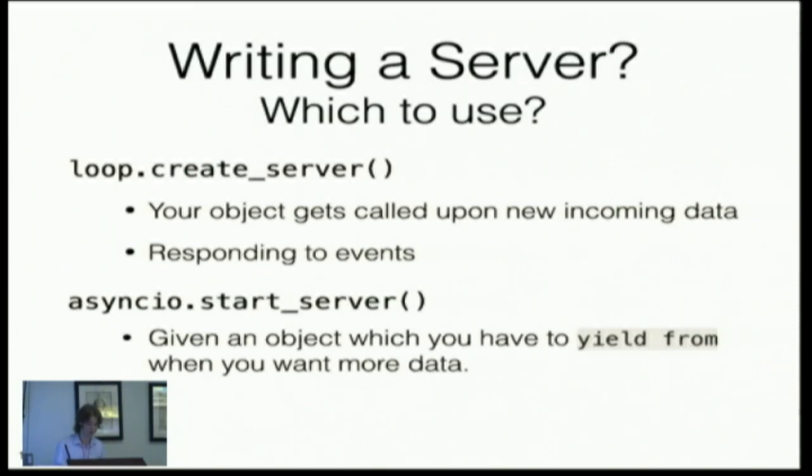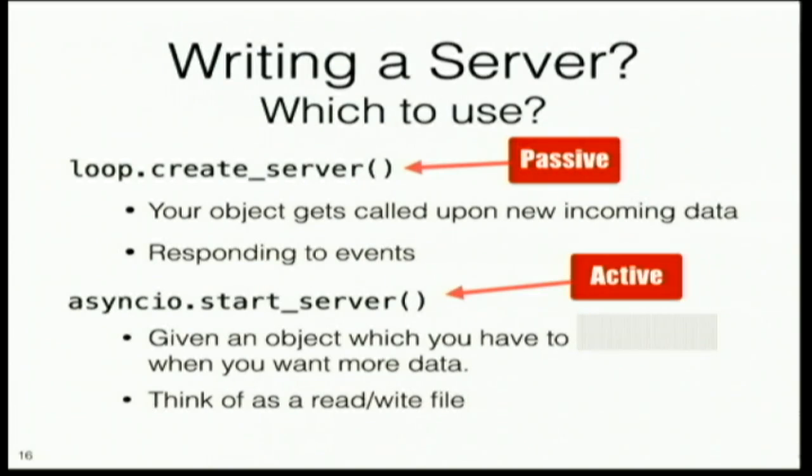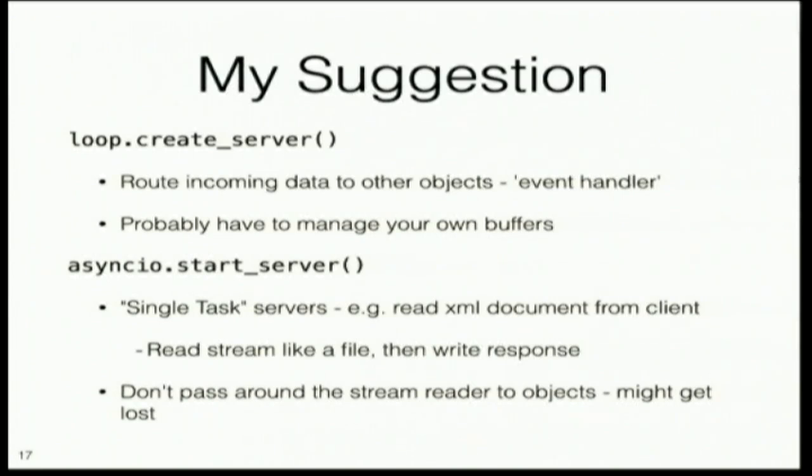Asyncio start server gives you an object that you yield from, and you can read and write to these objects. So think of them as just files. The create server is more of a passive process. This is more of an active process, where you're actually trying to get data from a thing, and that's good.